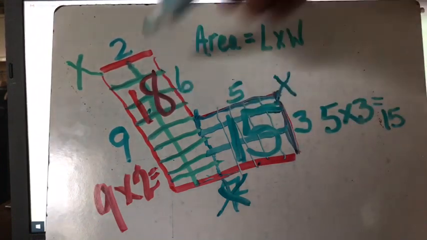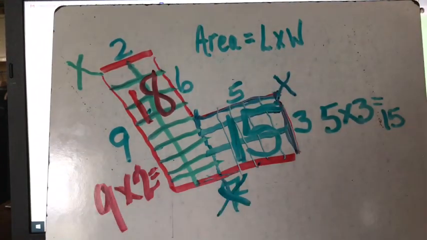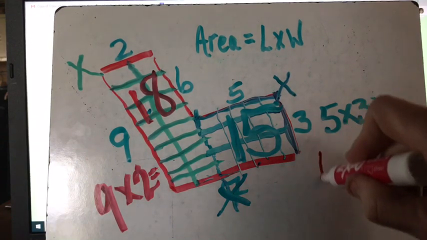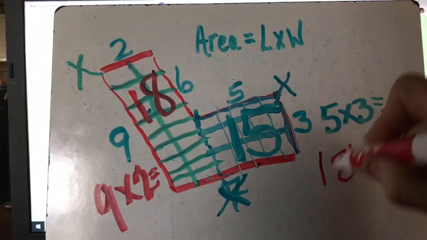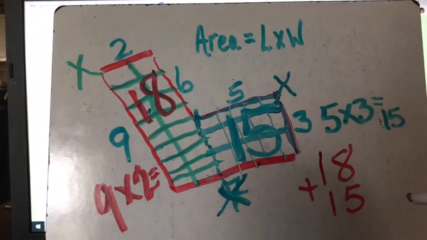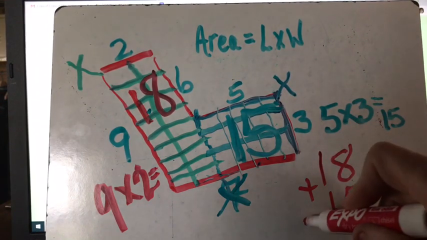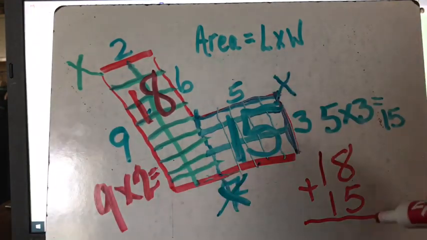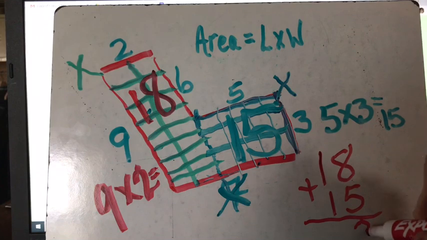But now I have to put them together. So now I add the 15 plus the 18 to get my total area. So 18 plus 15 will give me the total area. And when I add 8 plus 5, I get 13.